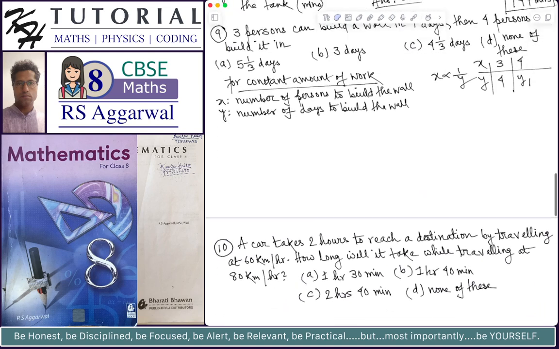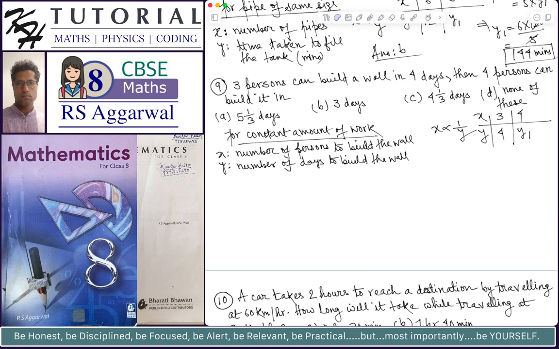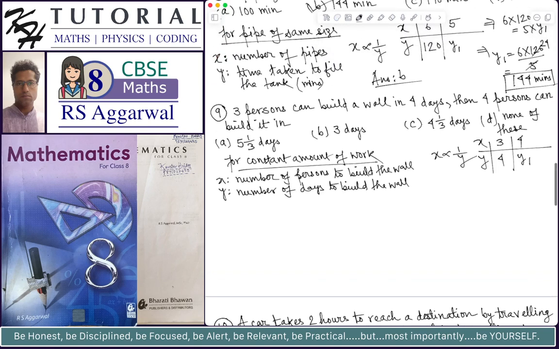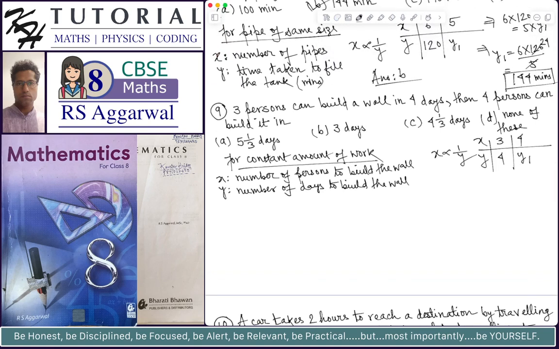Okay, so since the quantities x and y are varying inversely with each other, their product will be a constant. So we can say from this table that 3 multiplied by 4 is equal to 4 multiplied by y1. So this clearly says that y1 is equal to 3. So 4 persons will build the wall in 3 days, and the answer is choice B.